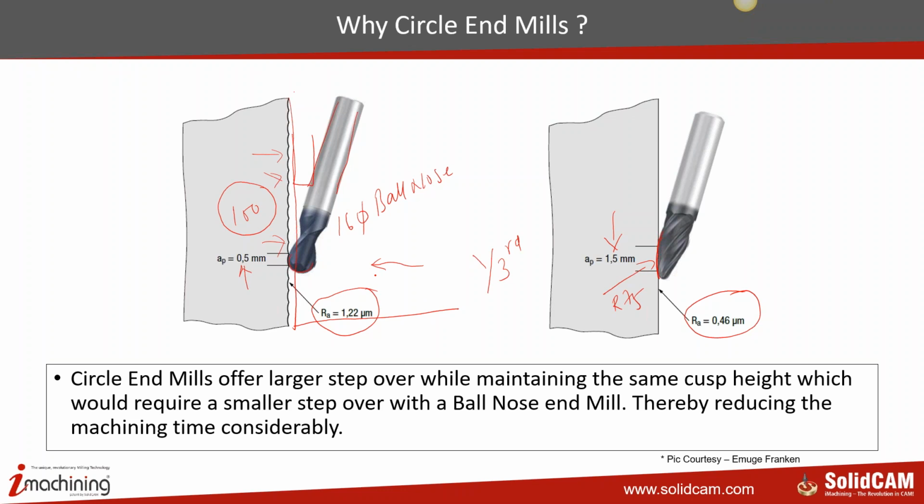So circle end mills are making a big revolution in machining, where they can generate a larger step over while maintaining the same cusp height compared with the ball nose tool. Now, there are some pluses and minuses when you're using the circle end mill, so let's look at both of these. This was one of the reasons why circle end mills came into the picture.